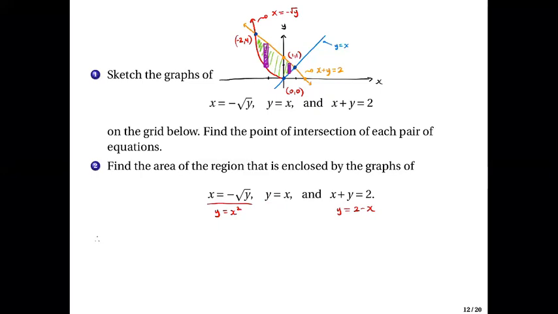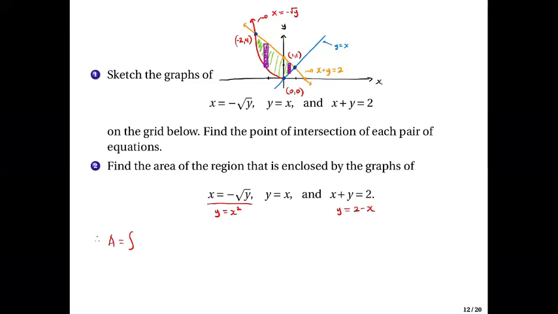Therefore, area will be the integral. Let's start with this part here. The above function is the yellow line. The below function is the parabola. The variable of integration will have an interval starting from this point, which is at -2, until this point, which is at 0.